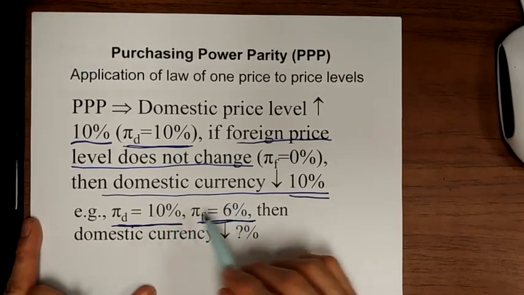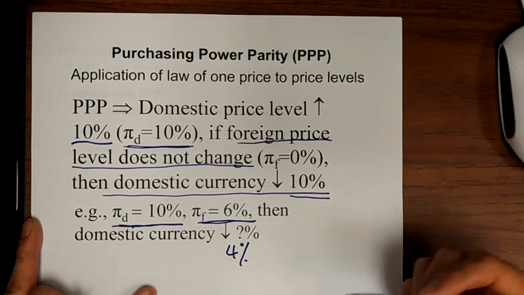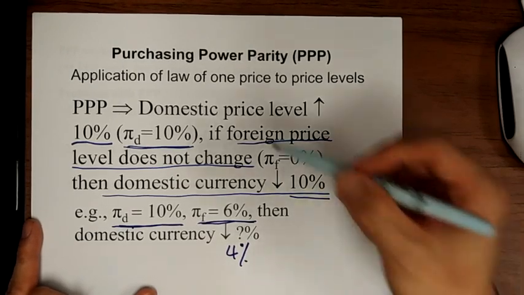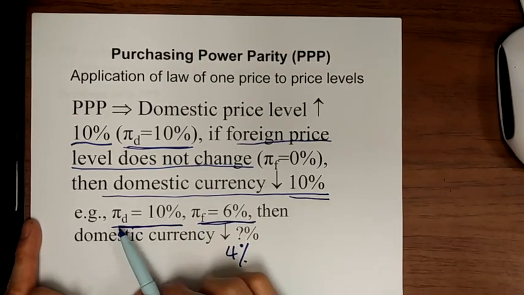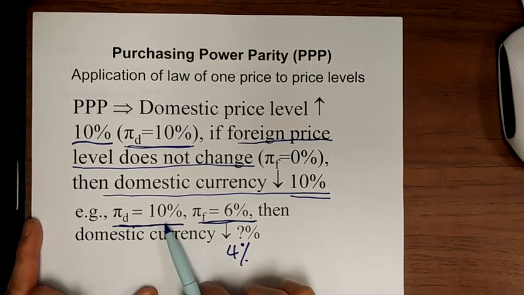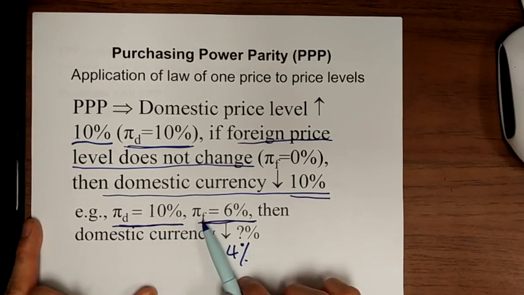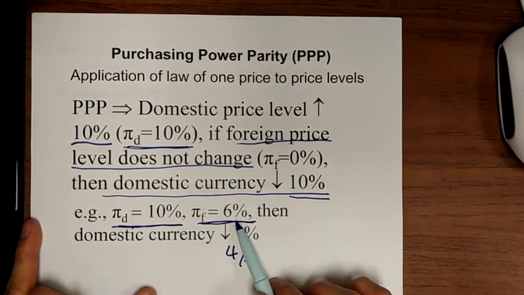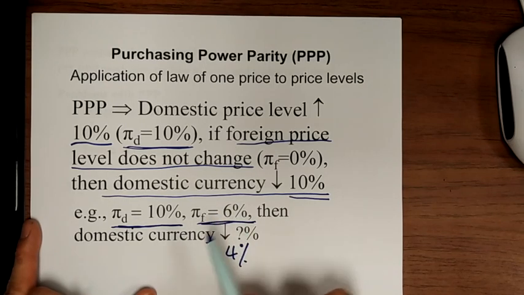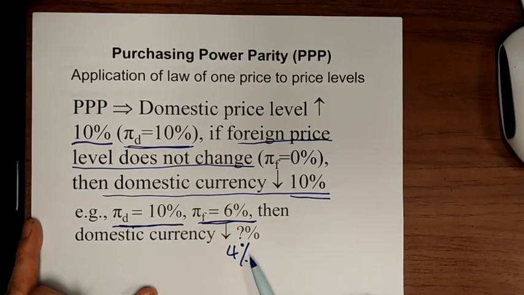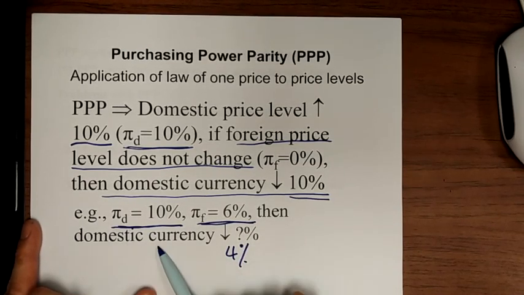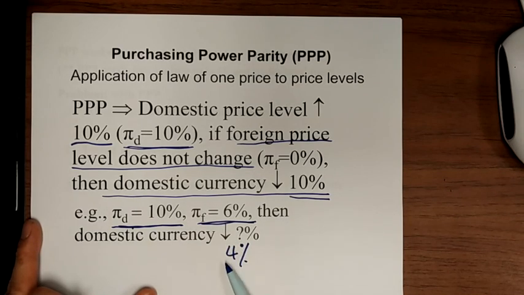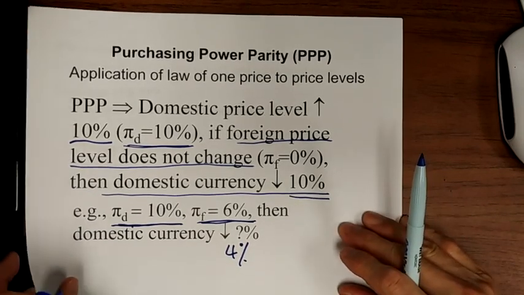By how much? The difference is 4%. This is called purchasing power parity. That is, if the domestic price level increases by 10% and the foreign price level increases by only 6%, 4% less, then the foreign currency is going to appreciate by 4% against the domestic currency. That is, the domestic currency is going to depreciate by 4% against the foreign currency.